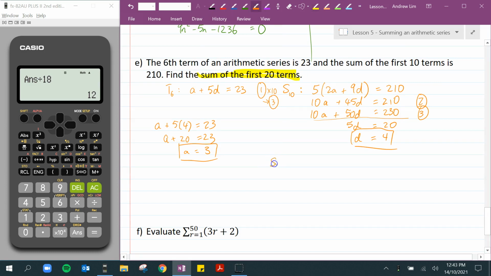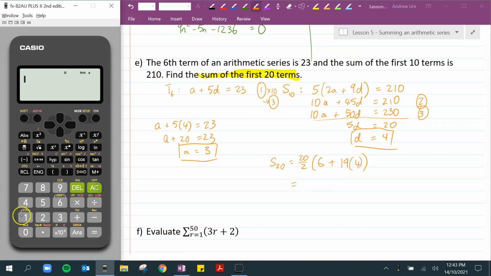So the sum of the first 20 terms is equal to n over 2, 20 over 2, times 2a, well a is 3, so 2 times 3 is 6, plus (n minus 1)d. n is 20, so n minus 1 is 19, and the common difference is 4.